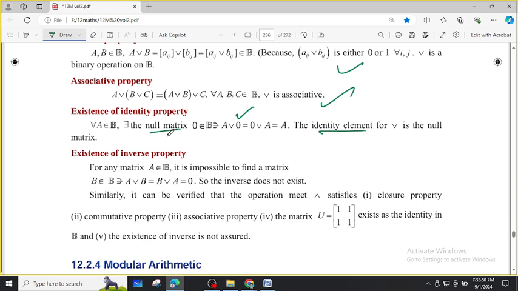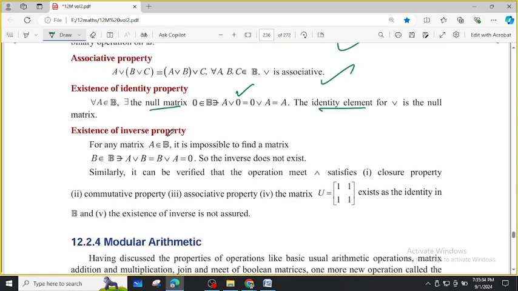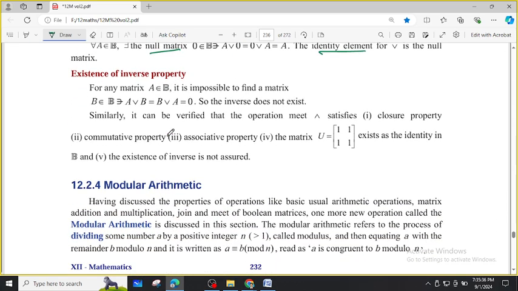The null matrix is the additive identity for the join matrix. When you talk about the inverse in the join matrix, it should be the null matrix. Okay, it is impossible to find a matrix B where A joined B equals B joined A equals 0. So the inverse does not exist.